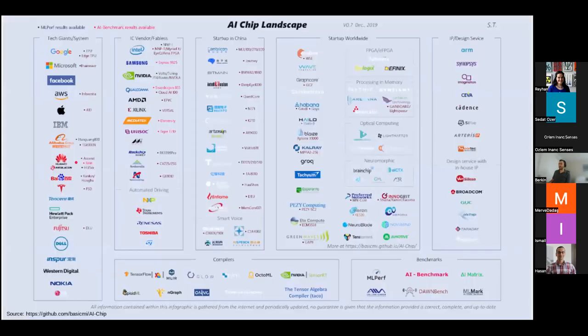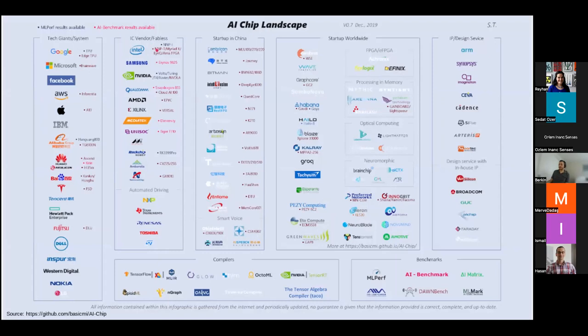And even more, this is some data available online. This is the AI chip landscape. It's actually not even very recent, I think this is a few years old, but still there are so many companies and so many efforts in this market. All the tech giants are building their own custom hardware.